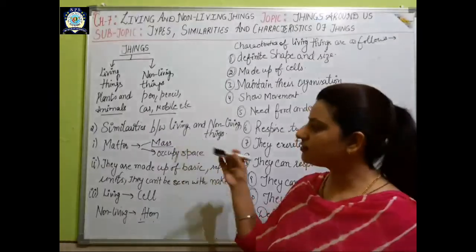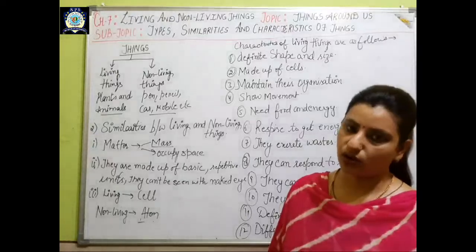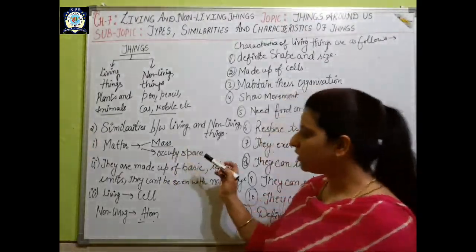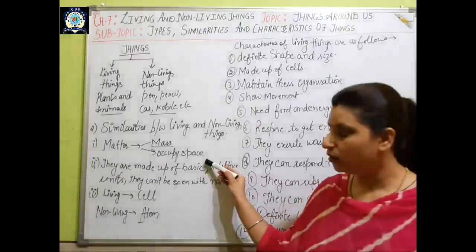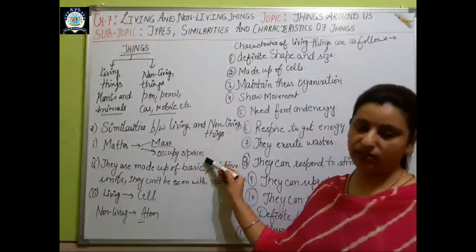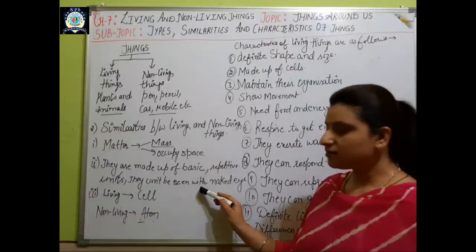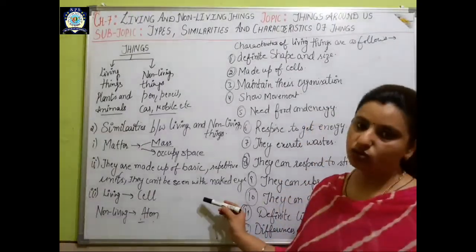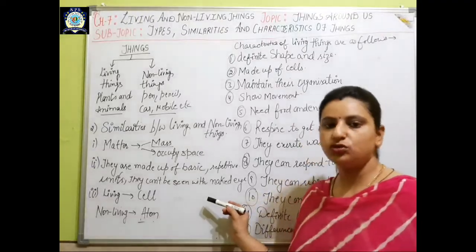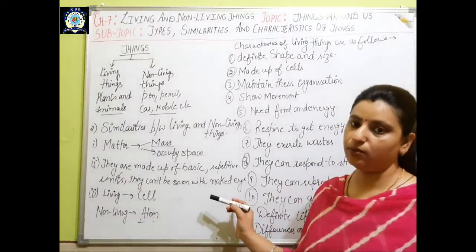The similarity between the living and non-living thing is that they are made up of matter, means they have mass and they can occupy space. The basic things they are made up of can't be seen with the naked eye, so they require a microscope to see the basic unit.